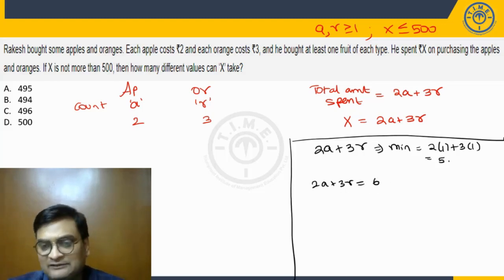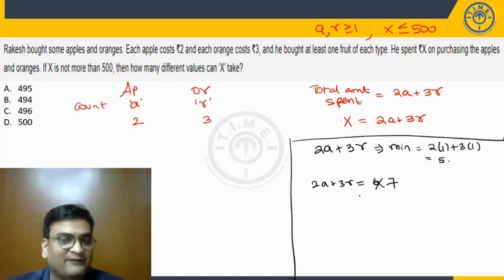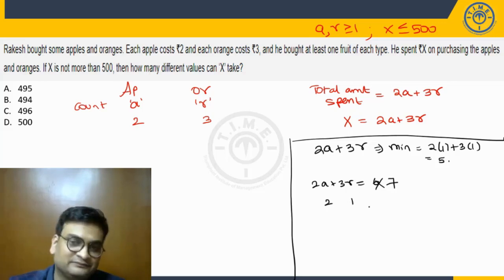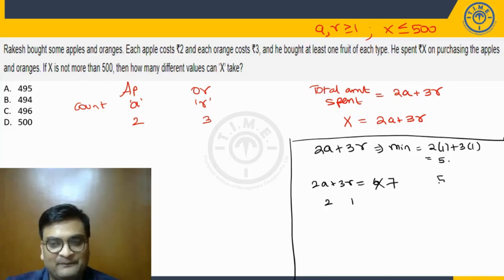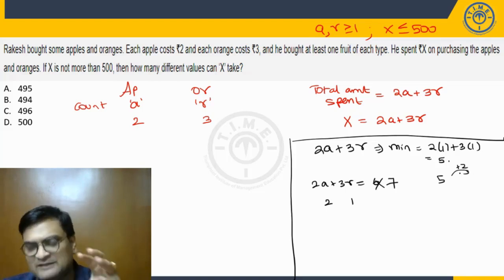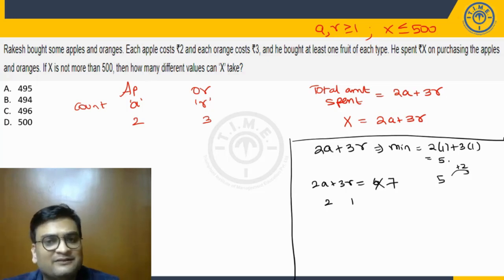Now can it take 7? 7 is possible because we can write it as A equal to 2, R equal to 1. Basically, once we get to the minimum value 5, if I want 7, I want to increase it by 2. We can increase the overall expression value by 2 when we increase the value of A by 1.